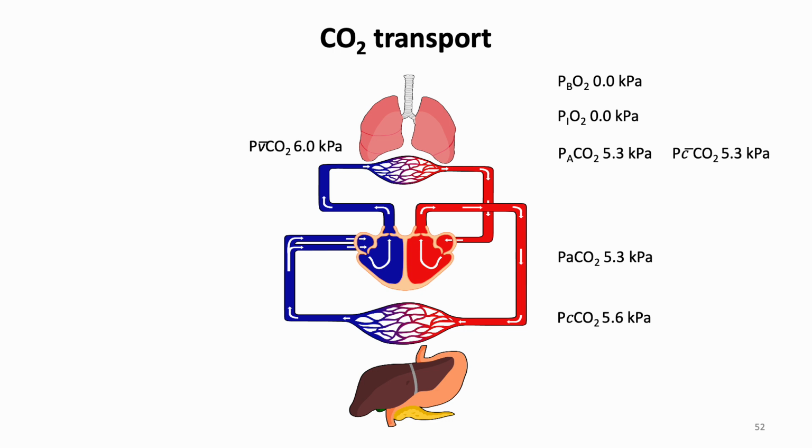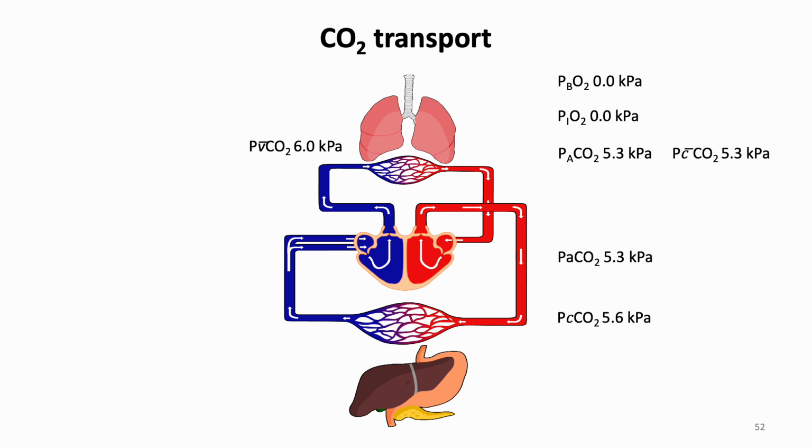So blood with a CO2 tension of 6 kilopascals enters the pulmonary capillaries, and CO2 is then released to the alveolar compartment. Equilibrium is reached so that it becomes 5.3 kilopascals within the blood before it leaves the pulmonary circulation. That's pretty much the story of it.